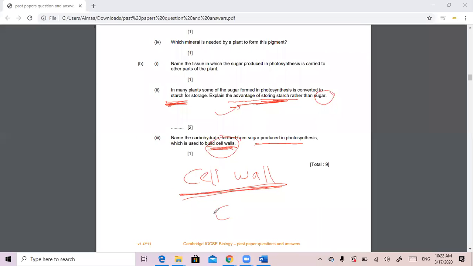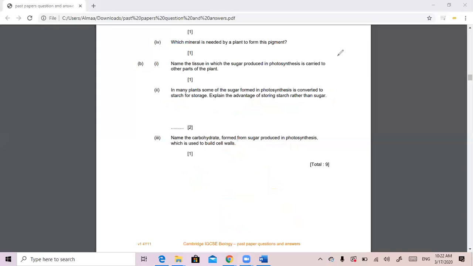So the answer is cellulose. It's C-E-L-L-U-L-O-S-E. Cellulose.